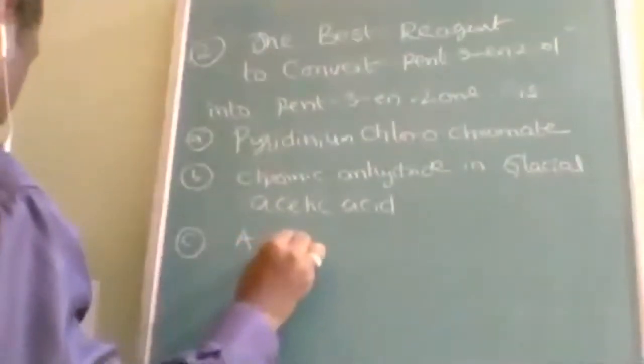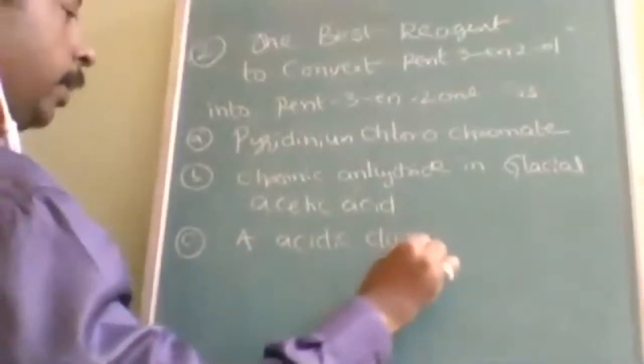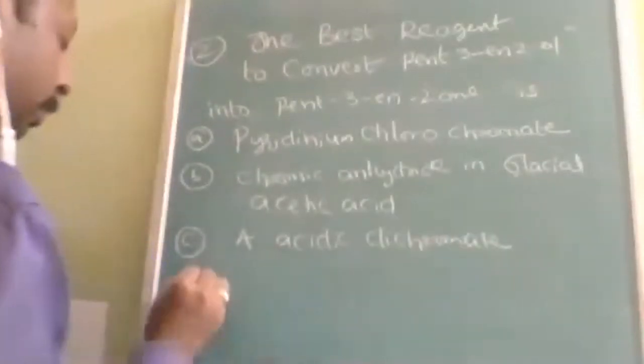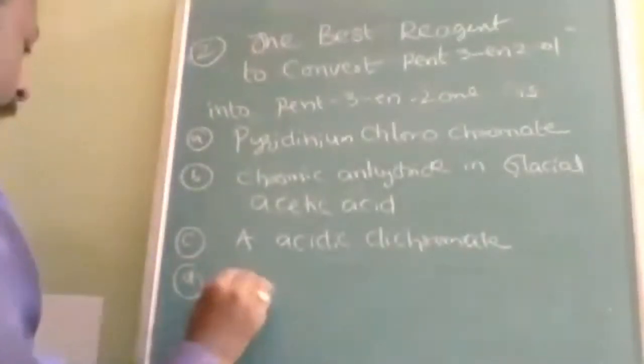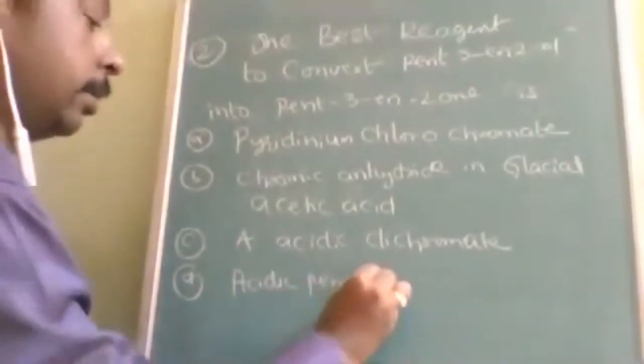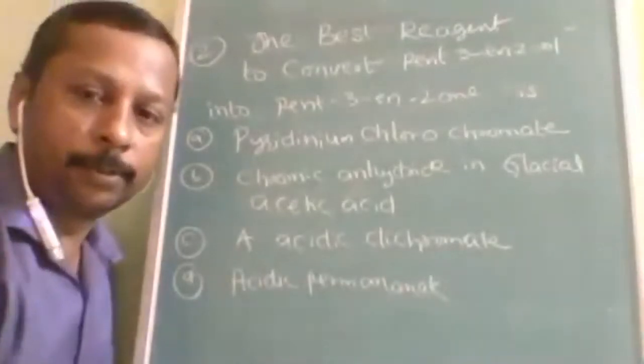Third option is acidic dichromate. Then the fourth option is acidic permanganate. Okay, these are the four options.